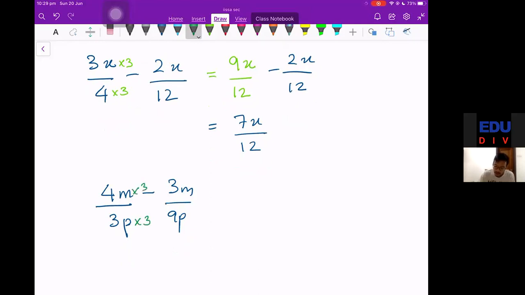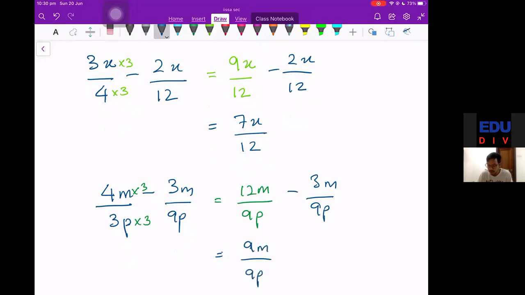So it's going to be 4 times 3 is 12m over 9p minus 3m over 9p. Then we do as usual, 12m minus 3m, which is 9m over 9p.